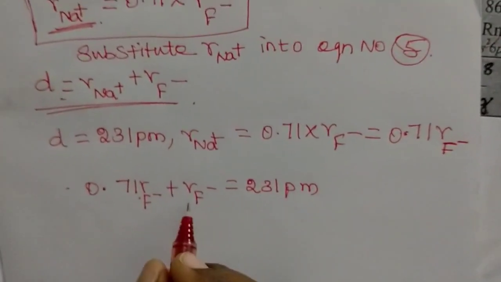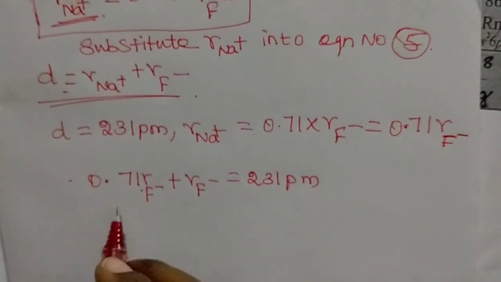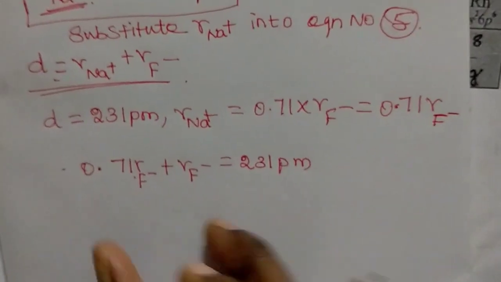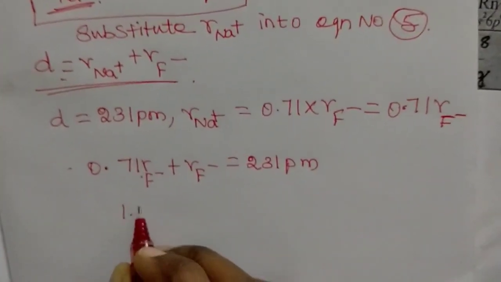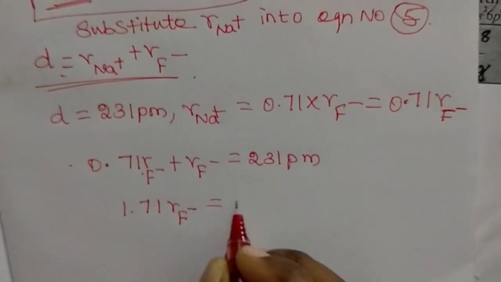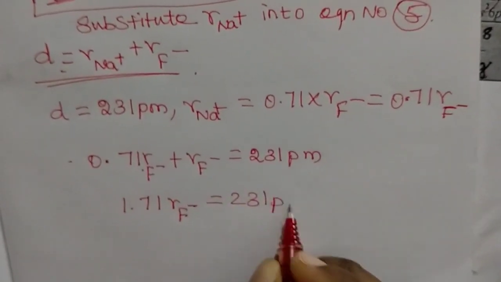Then find out the r_F- value. So 1 r_F- plus 0.71 r_F-. Okay, add both. You will get 1.71 r_F- equal to 231 picometer.